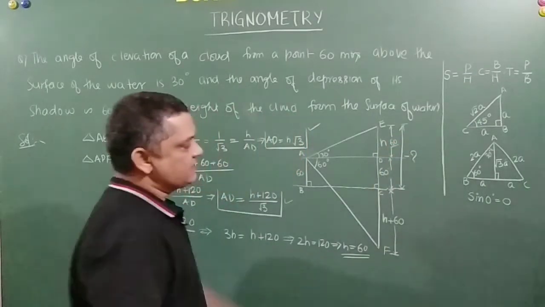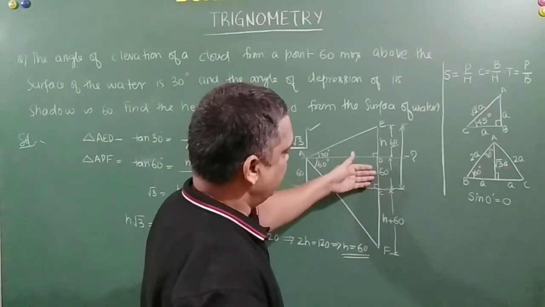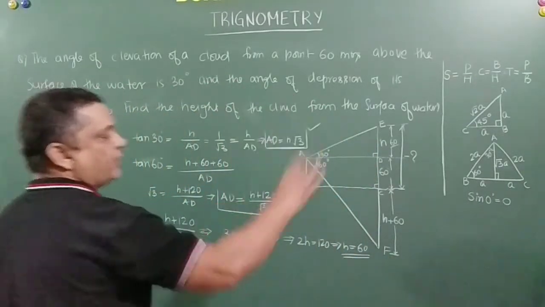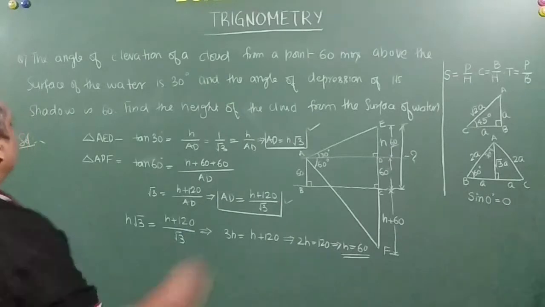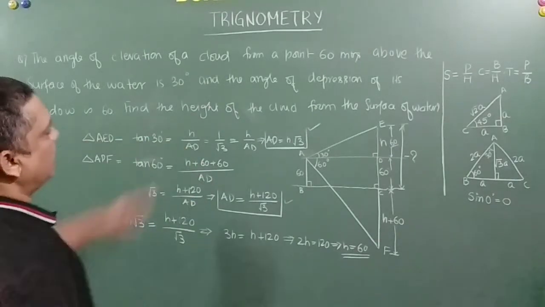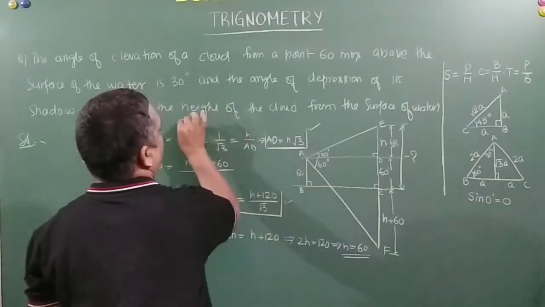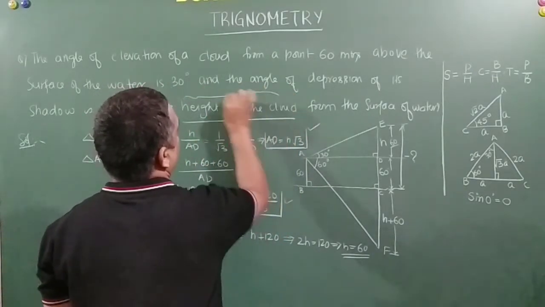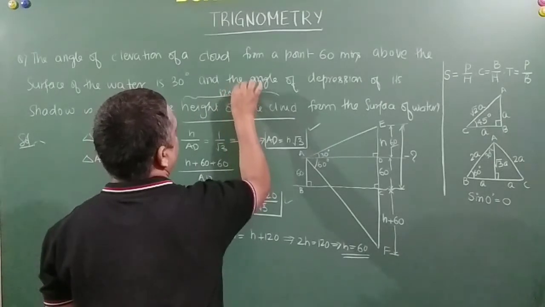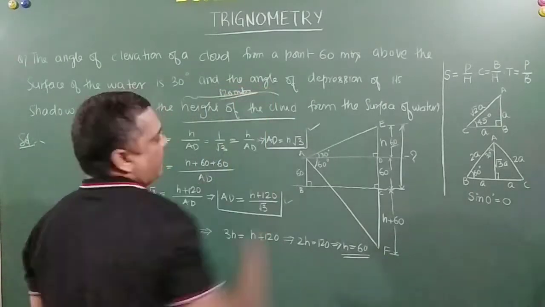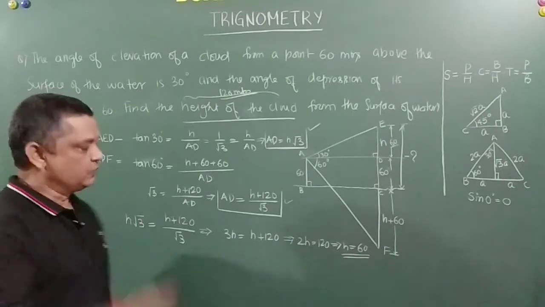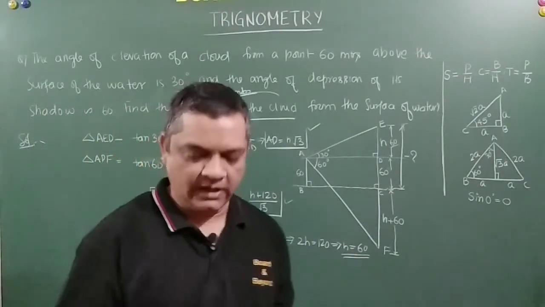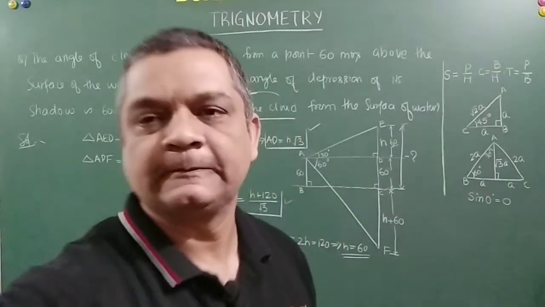Once we know 60 and this we already have given is 60, then the height of the cloud from the surface of the water is equal to 120. Height of the cloud is equal to 120 meters. You got it? Okay. So this is how we solve this kind of problem. Let's move on to the next one.